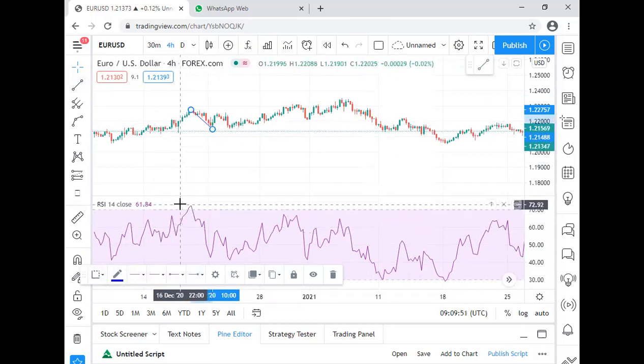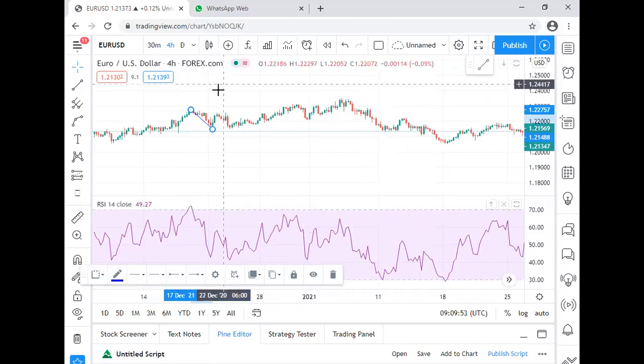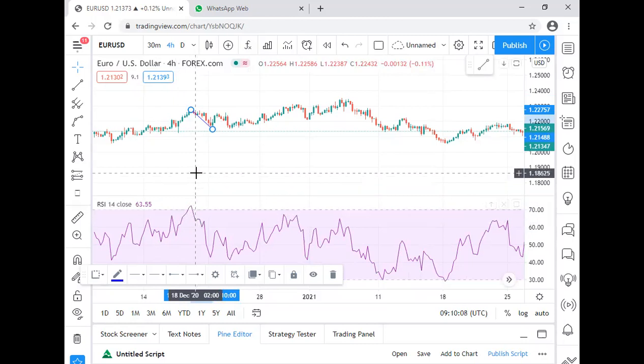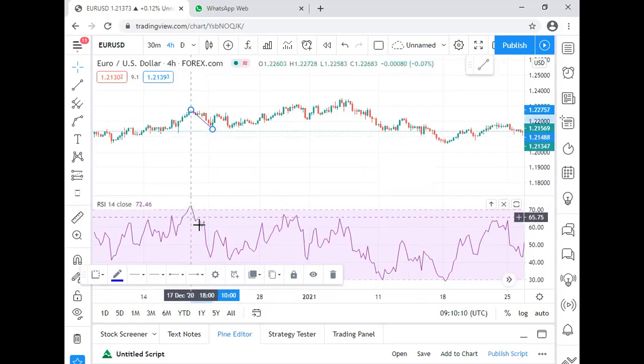Price was moving up, so it got to this overbought region here, and you can see that price actually shot back down. Once we went to this 70, okay, 71.4, 72.46 on the RSI, price went down. That is, it got to the overbought region and price came down back.